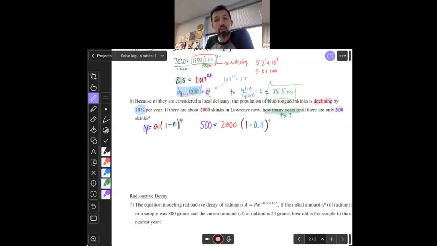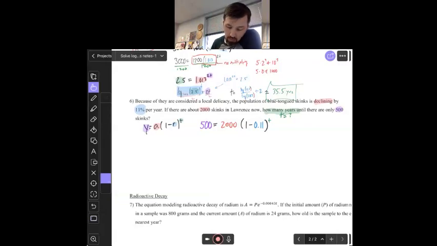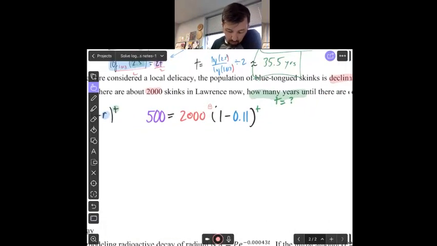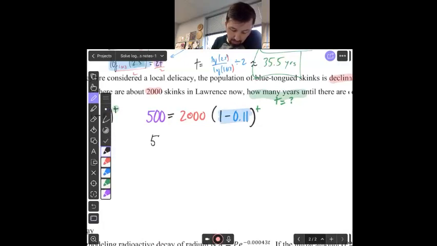So there's our equation that we need to solve. And pretty similar to the last one. First thing I want to go ahead and do is just simplify what's inside the parentheses there. So 1 minus 0.11 turns out that's 0.99, or sorry, 0.89. So 500 is 2,000 times 0.89 all to the t power.